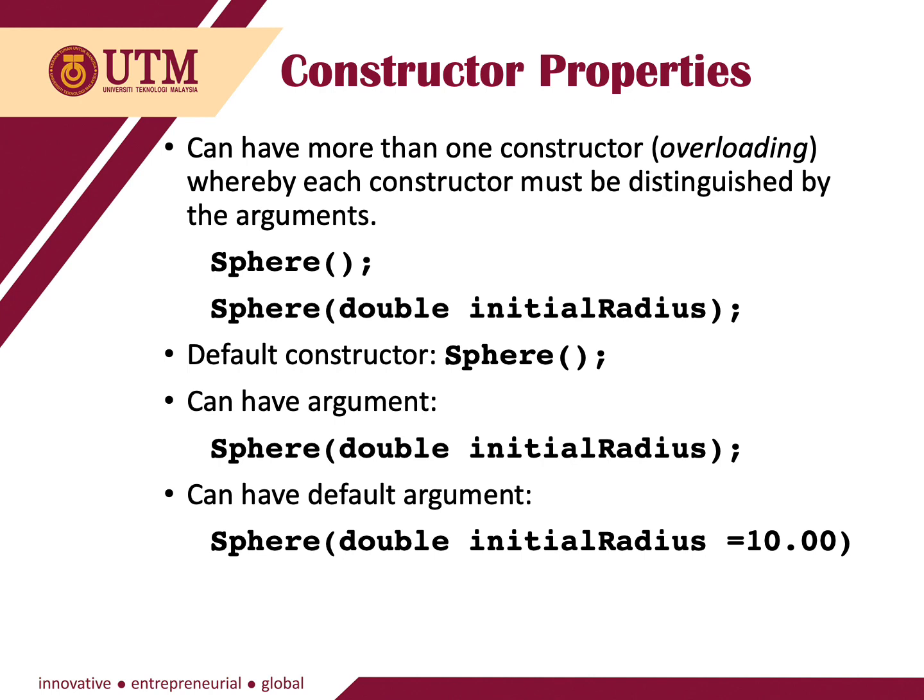The constructor also can have an argument, for example double initialRadius. And the constructor can also have a default argument, meaning that we initialize the value of the argument in the parameter. You can see here we declare a constructor with default argument double initialRadius equal to 10.